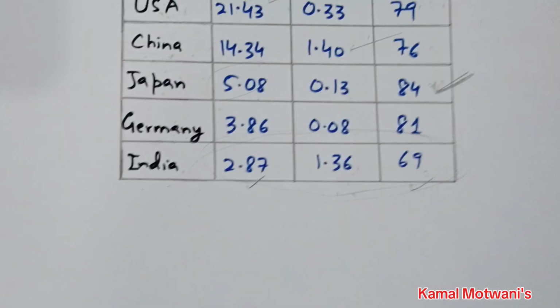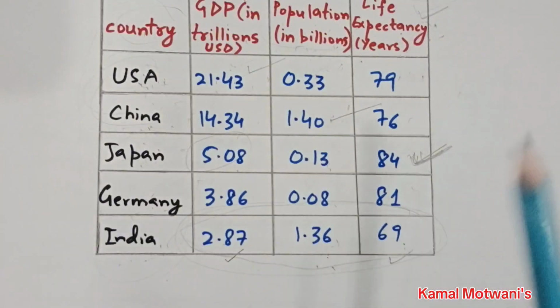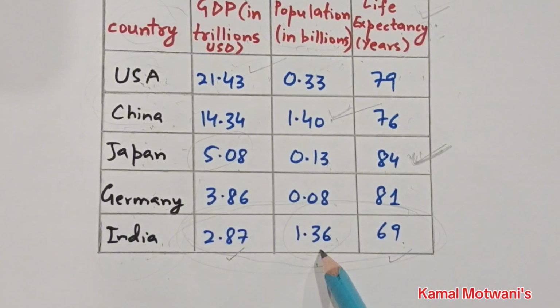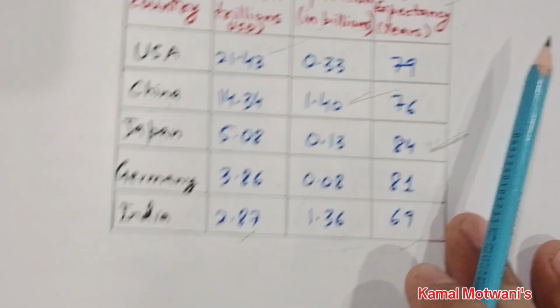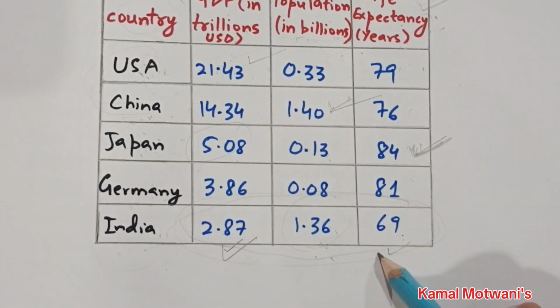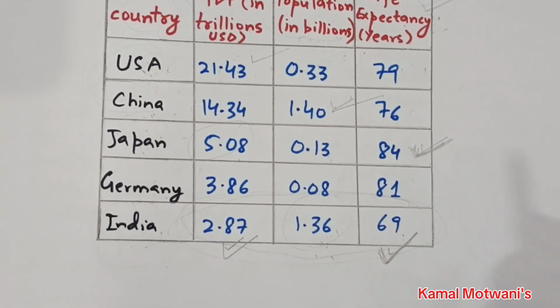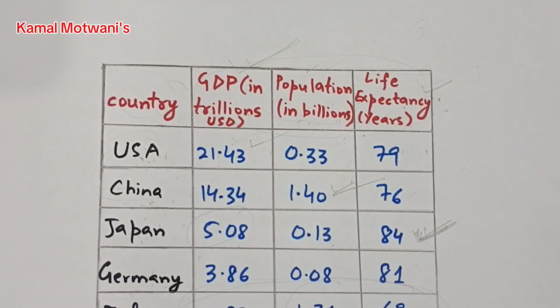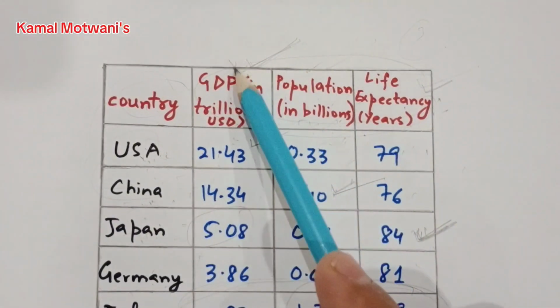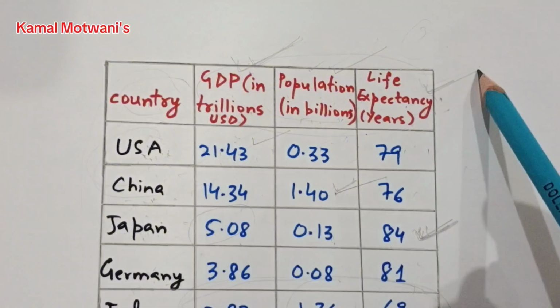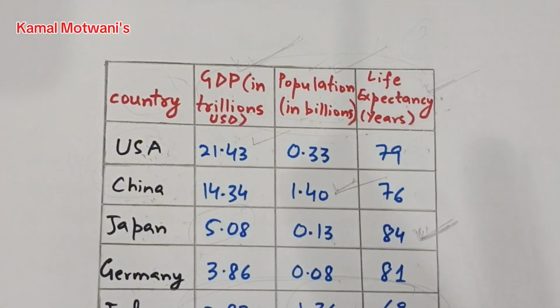See, India has a significantly large population because after China, it is India which has the largest population, and it has a significantly lower GDP and the lowest life expectancy rate, which means these all three factors are not directly proportional, and the highest GDP does not mean that the population would be high and the life expectancy would be high, and vice versa.